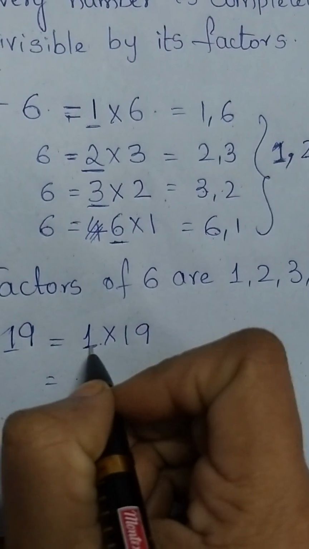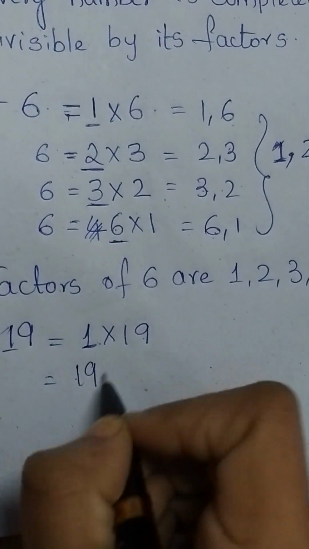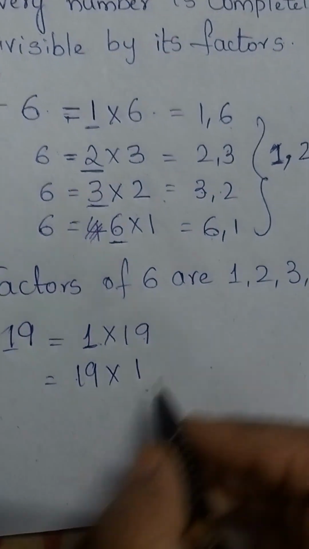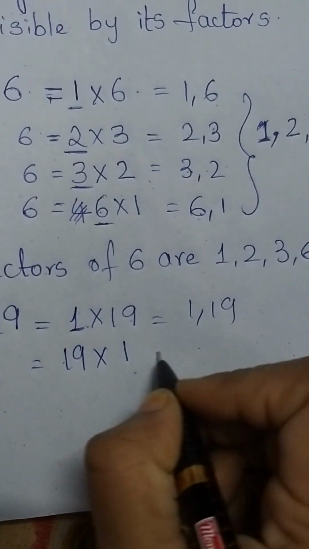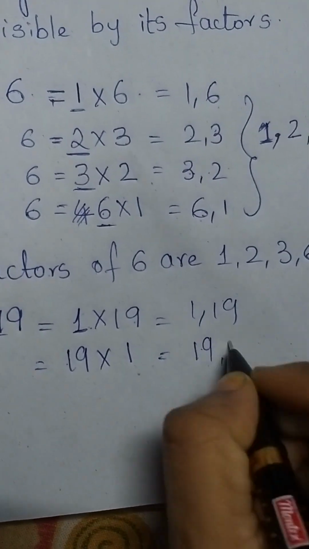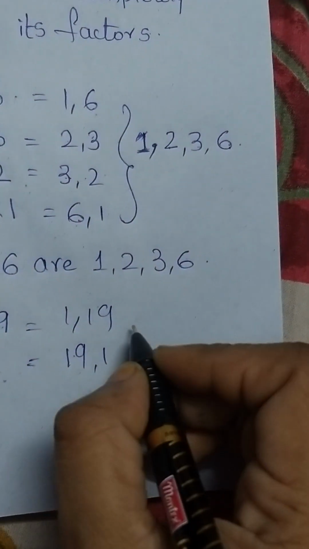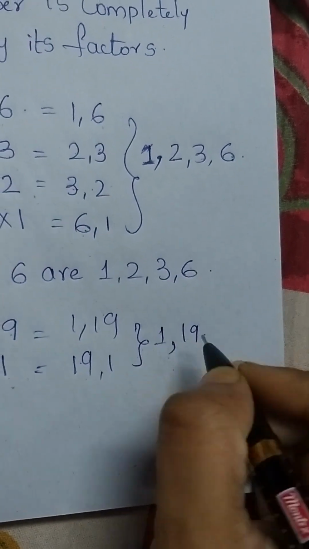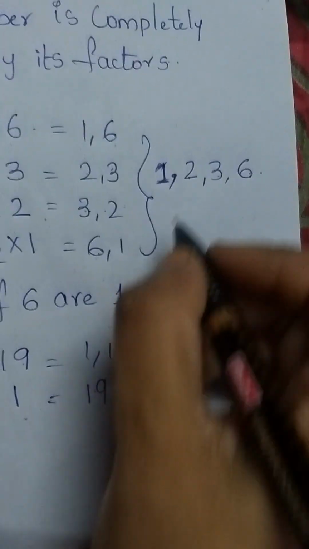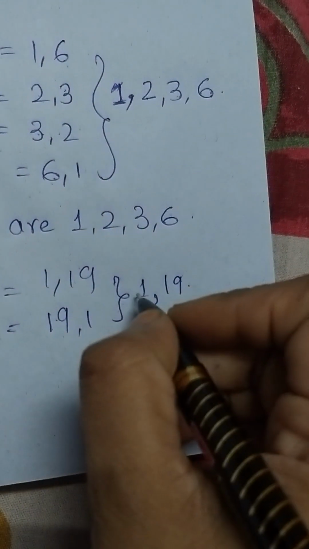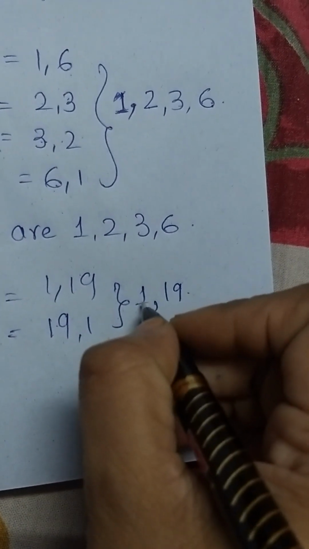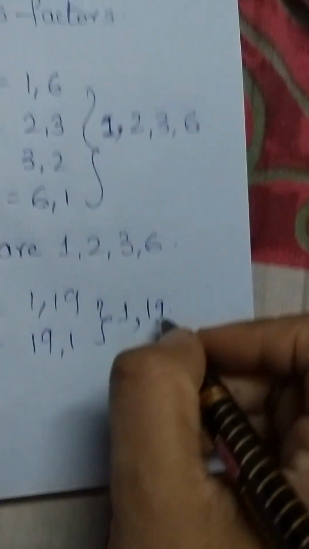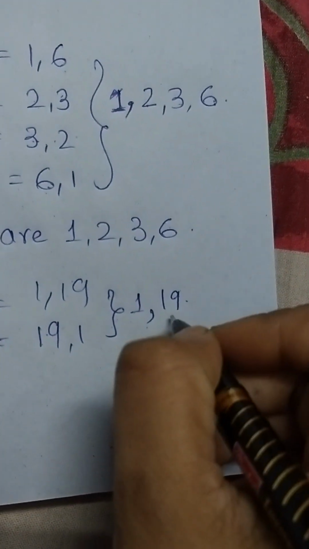So only 1 divides 19, and 19 ones are 19. So the factors are 1 and 19, here 19 comma 1. So the common factors are 1 comma 19. 1 is a factor for every number. And 19 itself is a factor.